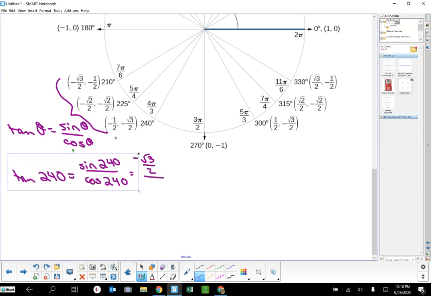And the cosine of 240 is -1/2. And I can now go keep it, change it from division to multiply, and flip it. And this is gone. And then I simplify. Well, those are gone. Negative and a negative is a positive. And this is just radical 3. So the tangent of this is radical 3.